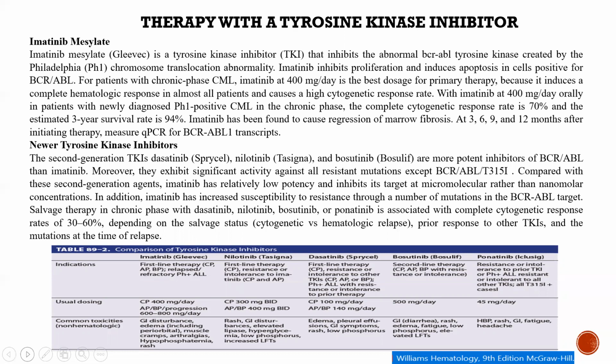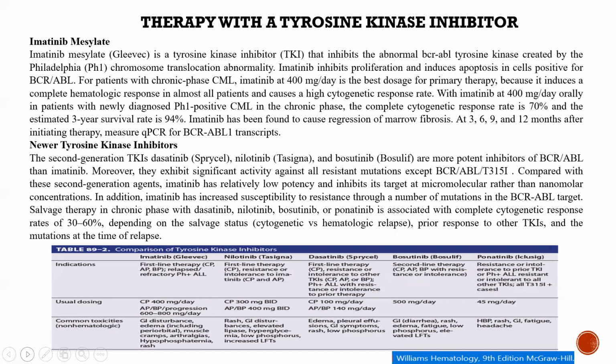For patients with chronic phase chronic myeloid leukemia, imatinib at 400 milligrams daily is the best dosage for primary therapy because it induces a complete hematological response in almost all patients and causes a high cytogenetic response rate.